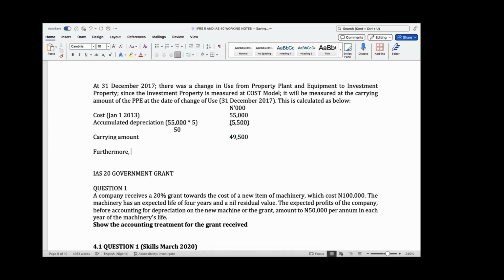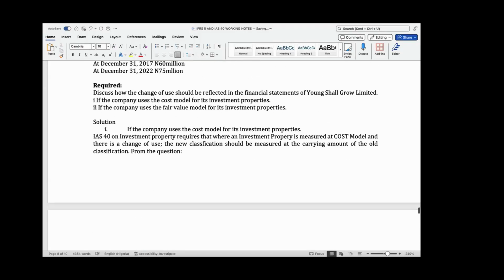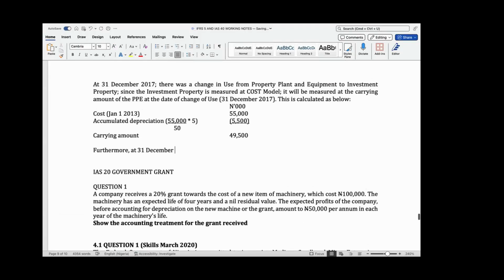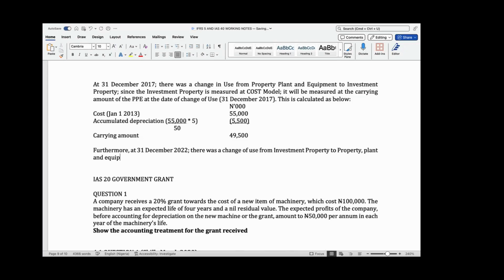Furthermore, at 31st December 2022, there was a change of use from investment property to property, plant, and equipment.